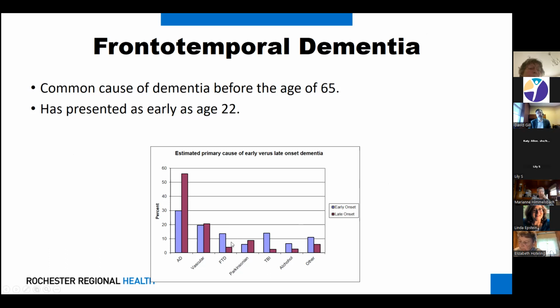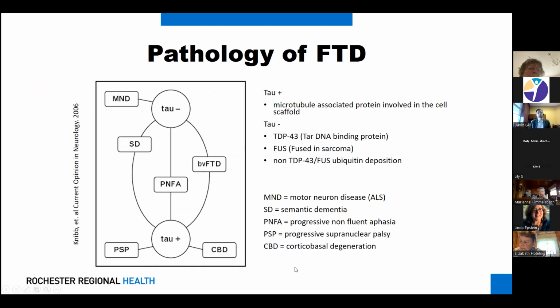The other big challenge we have is if we look at their brain under the microscope, there are many different causes of frontotemporal dementia. I went through that whole slide talking about the brain changes of Alzheimer's disease that we think everybody with Alzheimer's disease has. Right now, we think that frontotemporal dementias are probably more than one thing. And that's why I said we call them frontotemporal lobar degenerations now.